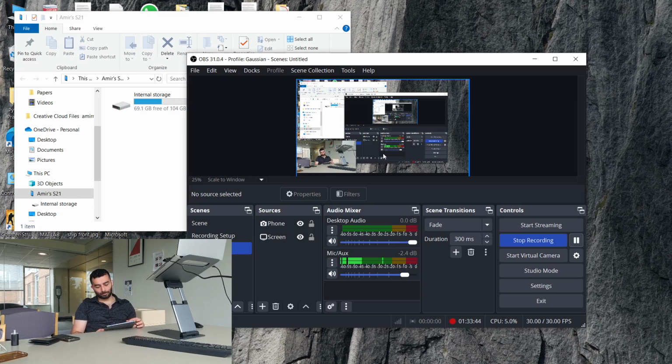Can I just print it and even share it? Save as a file. Doesn't have share option.